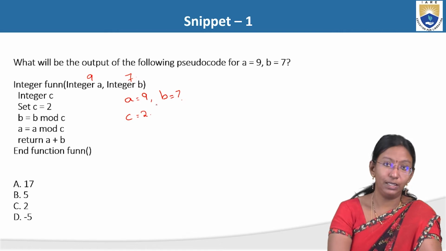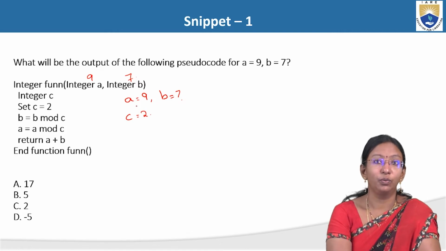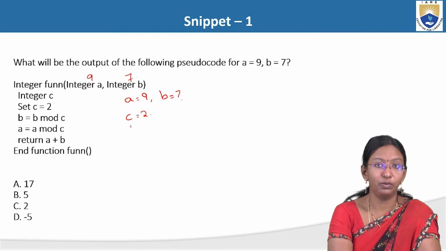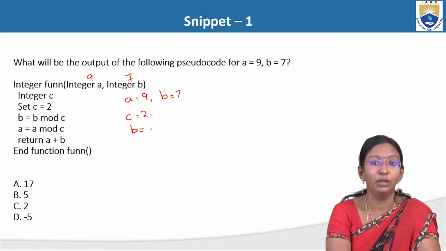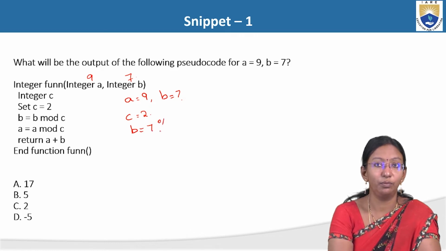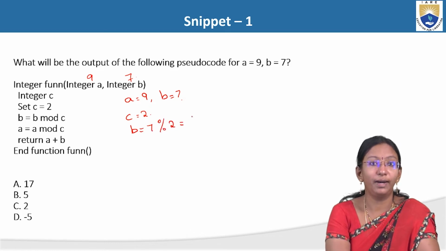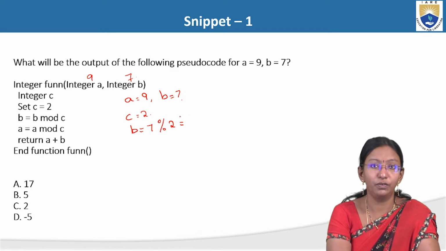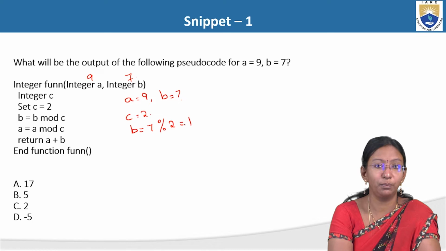Let's see what it is saying. The evaluation goes like this: B is equal to B mod C. What is the value of B? 7 mod 2. 7 is an odd number, so if you do the modulo division with 2, the remainder will definitely be 1.